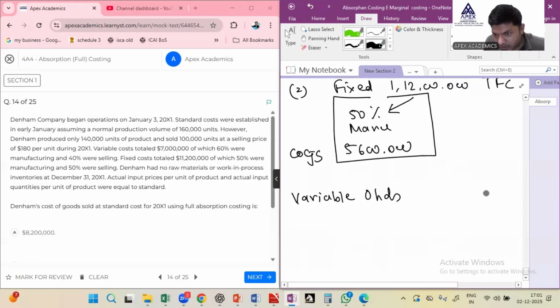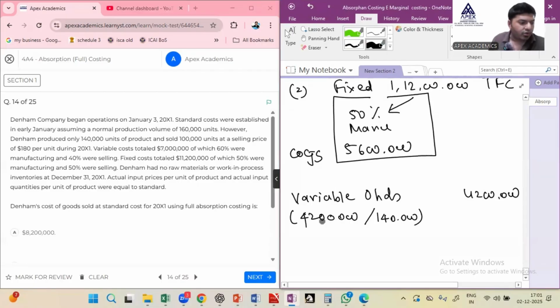But I want you to know that this is 42 lakhs for a production of 1,40,000 units. Therefore, on a per unit basis, it is equal to 30.